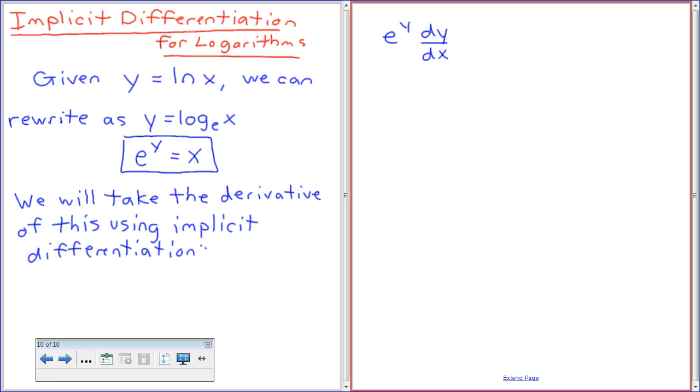Very good. Okay, so feeling okay about that before I continue? What's the derivative of x equal to? This isn't a trick. 1. Good. Okay, let's isolate dy over dx.